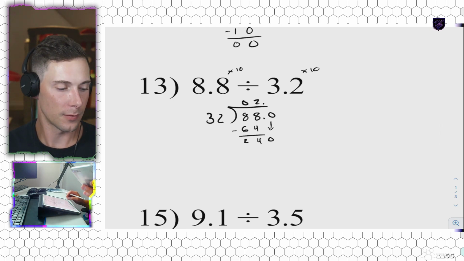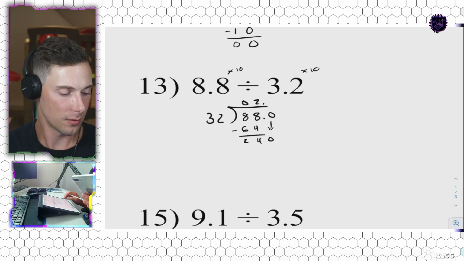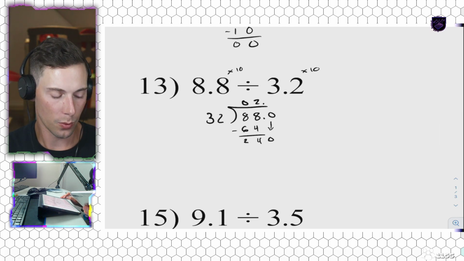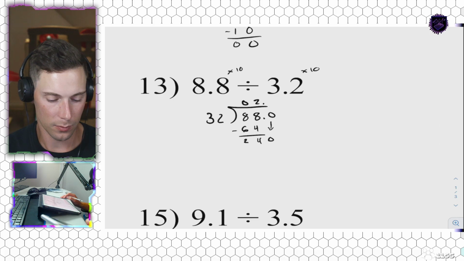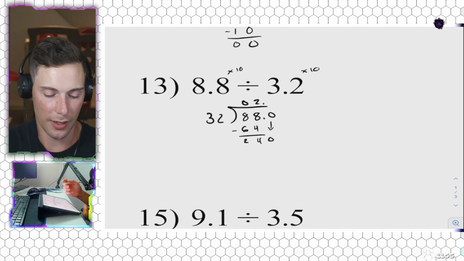32 times 8 is going to be, let's see here, 32 times 8. I think that's my estimate here. 32 times 8 is, 32 times 7. Oh, interesting. So we're going to have to use another number.